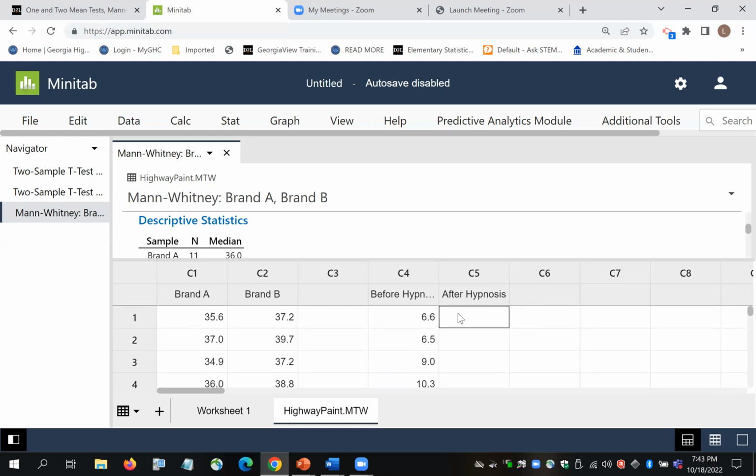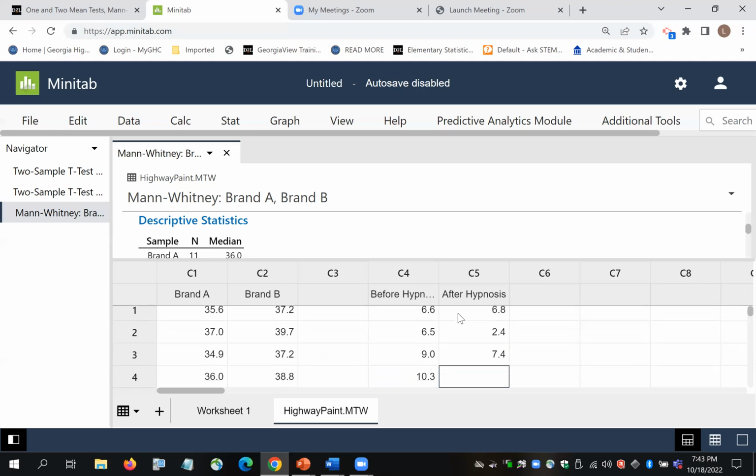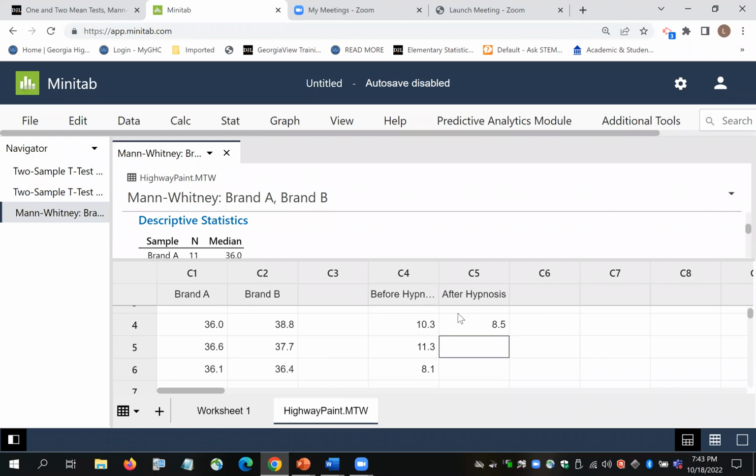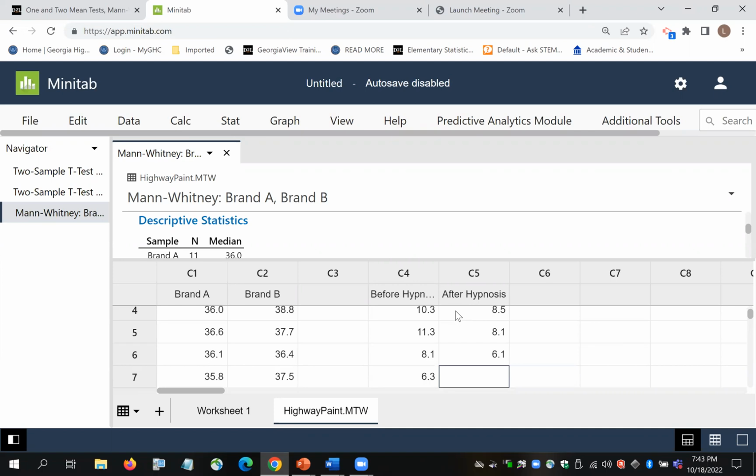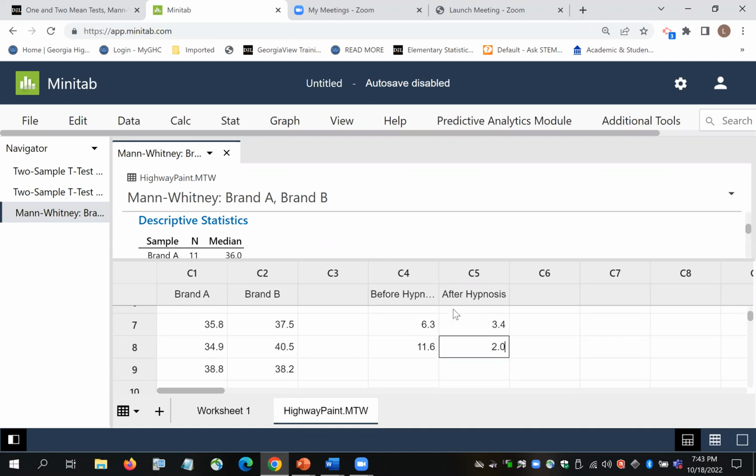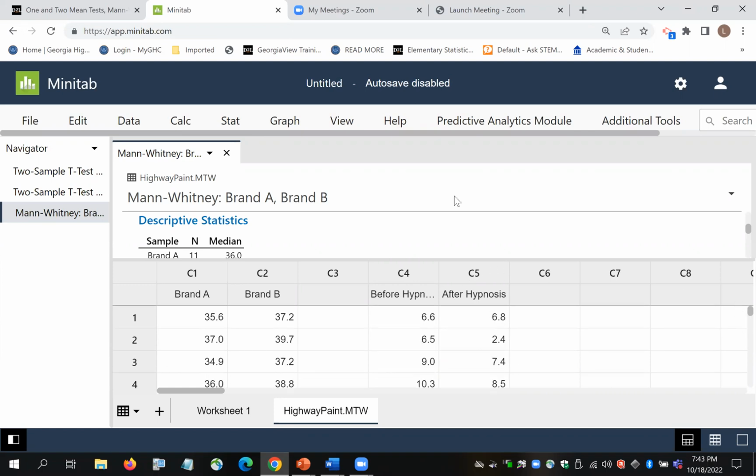And then after hypnosis, okay, so I've entered the data.